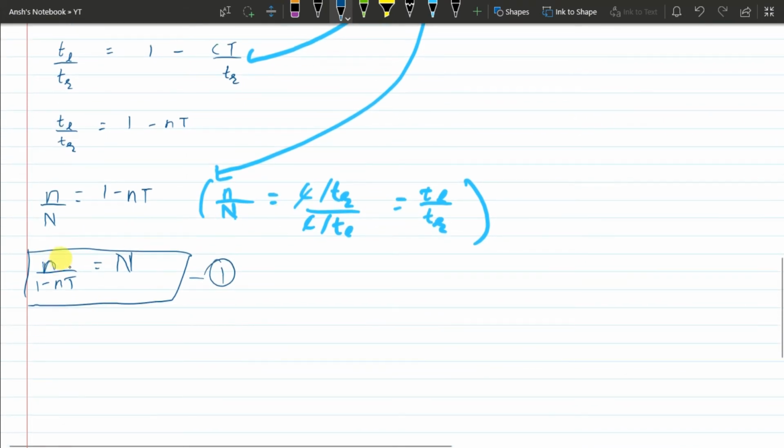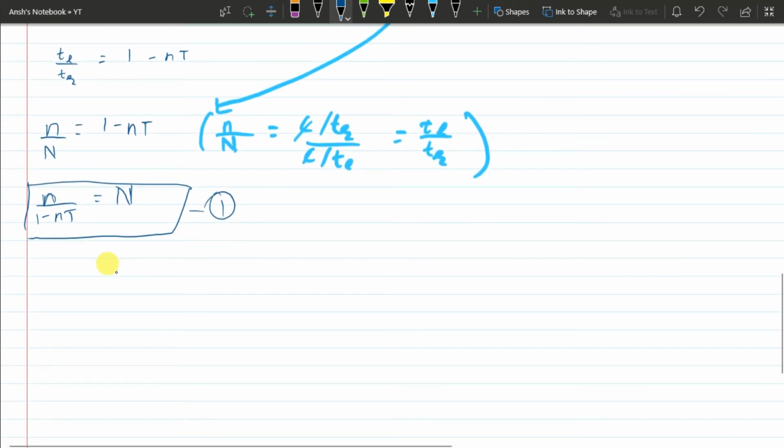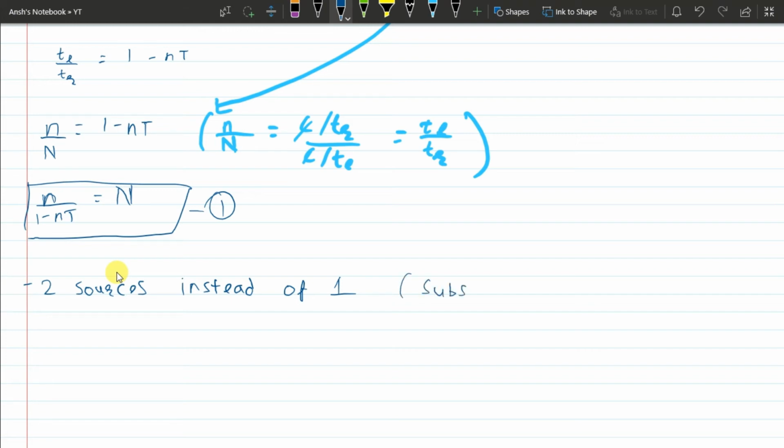Now, since we have this relation, when we are actually experimentally determining the dead time, we actually use two sources instead of one. I like to think of this as a sort of calibration, and it will become more clear with the mathematics why we do that. So when we have two sources, we'll use the subscripts 1 and 2 for source number 1 and source number 2.